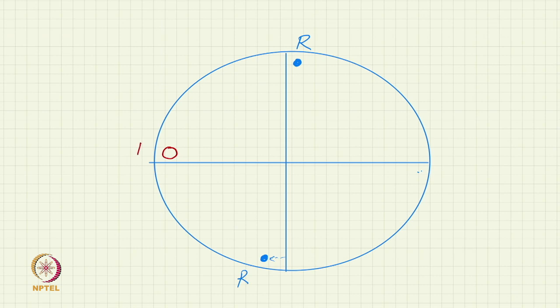So both blue are right and both red are left. Then next you will get the red here. So you can see that these two lines will be 90 degrees apart.